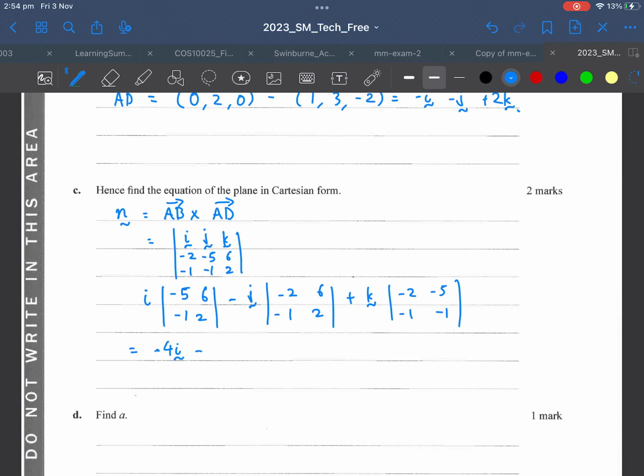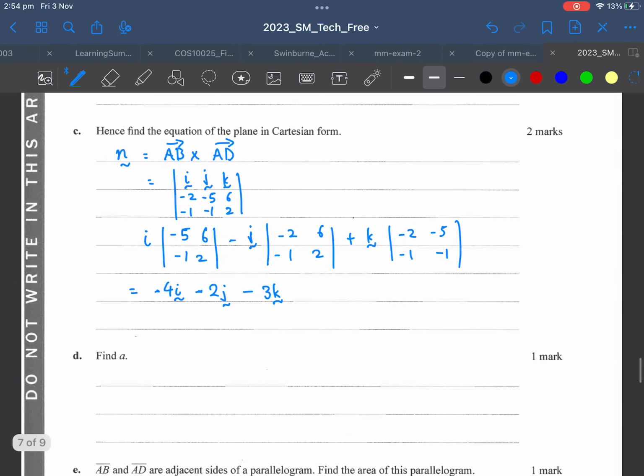Minus, now minus 2 times 2 is minus 4, plus 6, okay, hold on, minus 2 times 2 is going to be minus 4, plus 6, so 2, so minus 2j. Plus minus 2 times minus 1 is 2, minus 5. 2 minus 5 is going to be minus 3, so minus 3k.